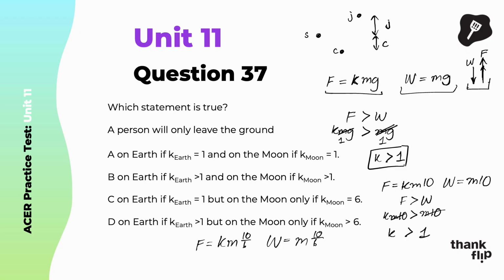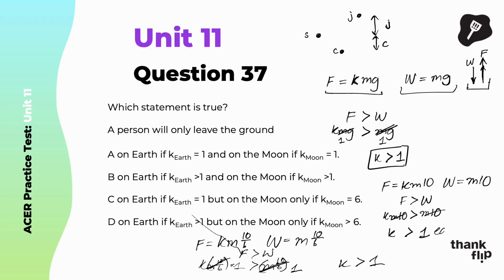So then same thing, if F is greater than W, there we go, we're back. F is greater than W, then you have K, m 10 over 6 is greater than m 10 over 6, dividing both sides by m times 10 over 6. So you can divide this whole thing by itself, and you get 1, and you get 1. So you get K is greater than 1.